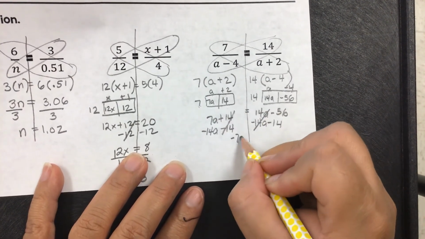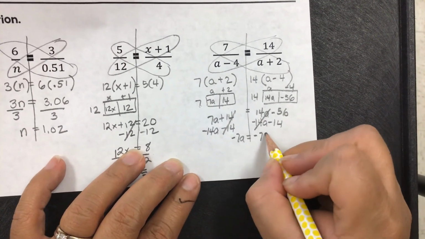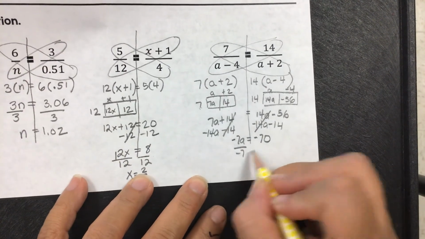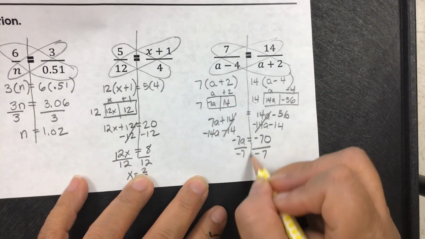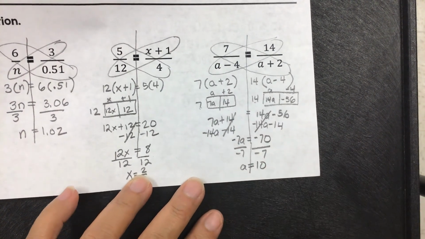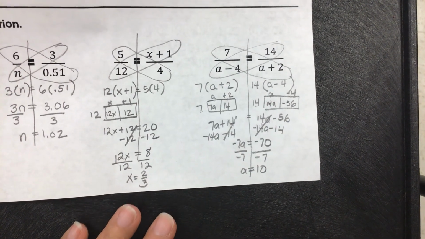I have negative 7a is equal to negative 70. And then we divide by negative 7 on both sides. A is equal to 10. And that is solving proportions and simplifying ratios.